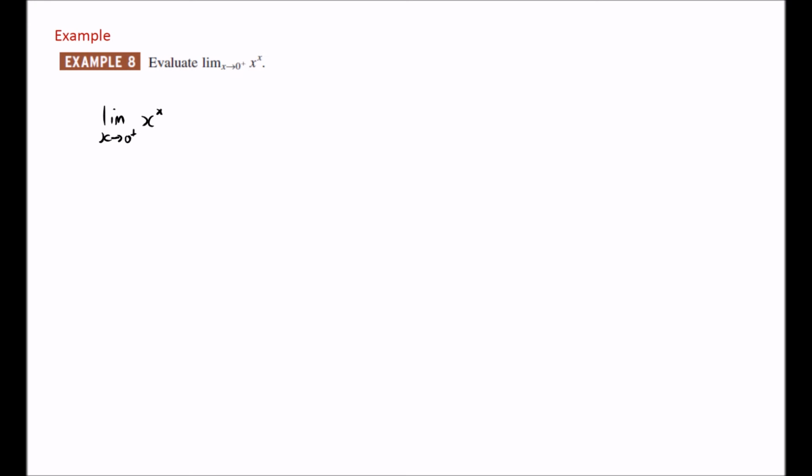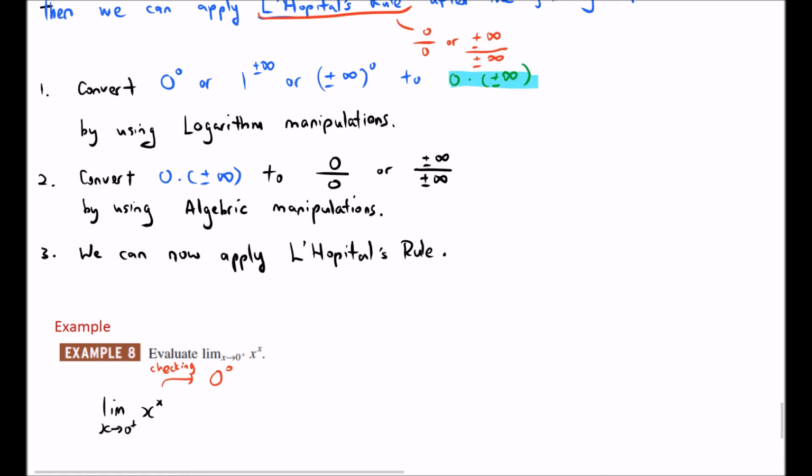If you do a checking, when x is 0, you get 0 to the power 0, which is an indeterminate form. So now you have to use the first step. What's the first step? Logarithm manipulation.